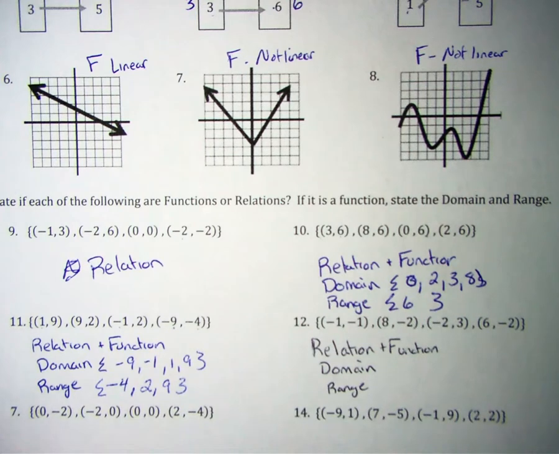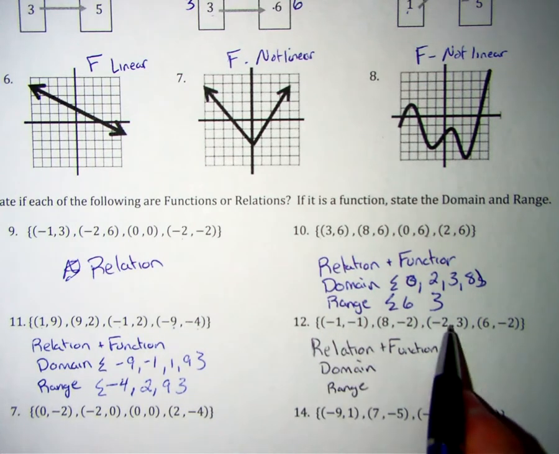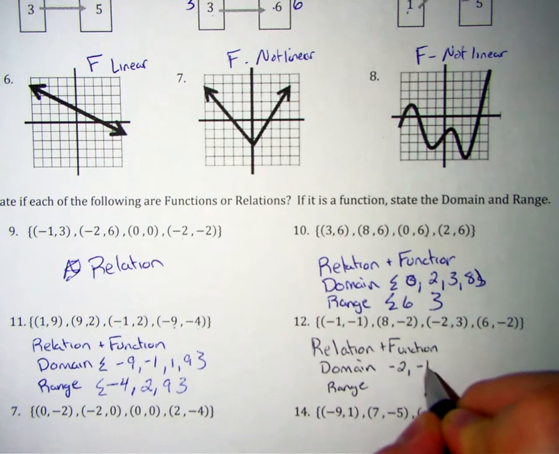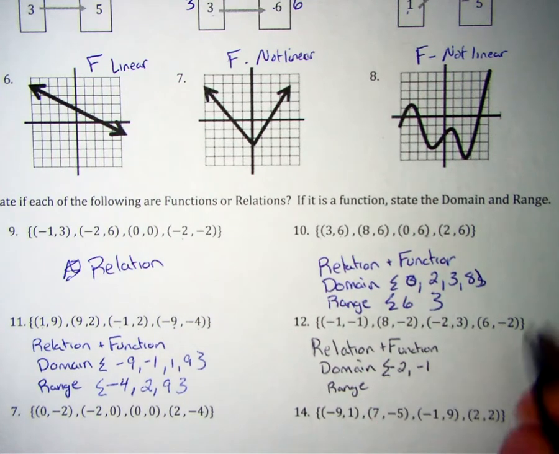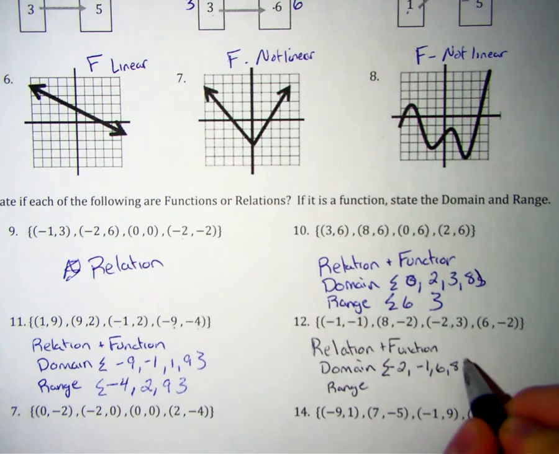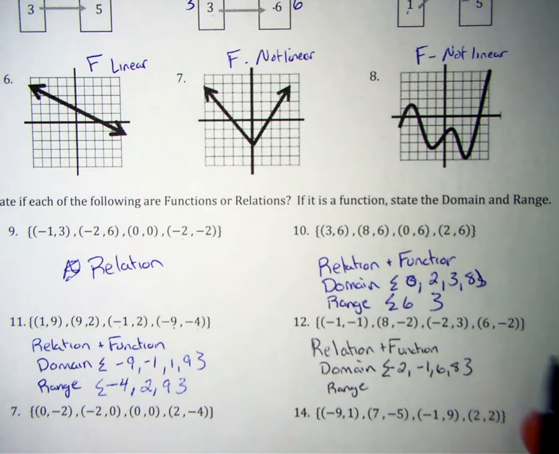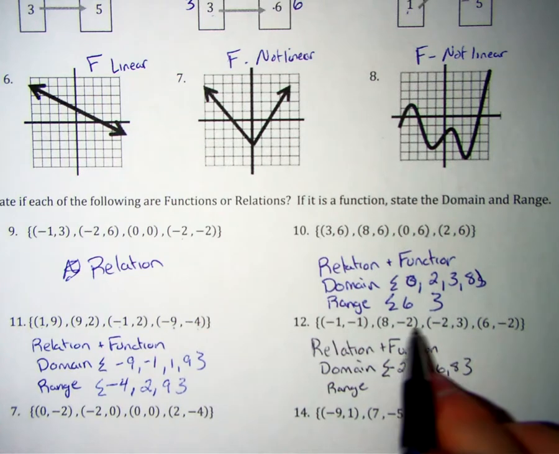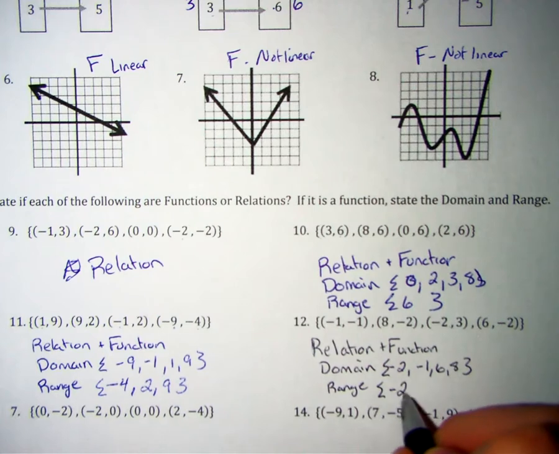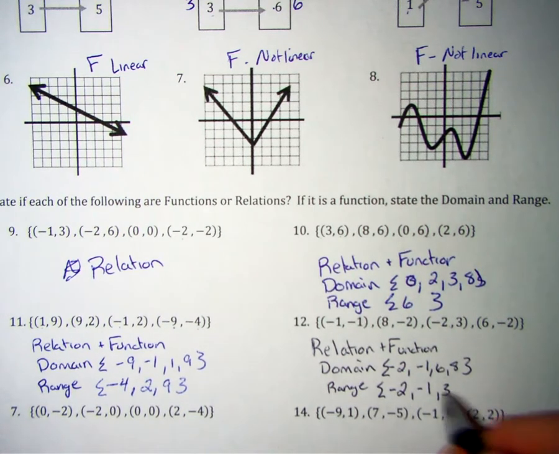Domain, starting with our lowest x value: -2, -1, 6, and 8. And my range, starting with my lowest y value, we have -2 twice, but it's repeated. That's okay. -1 and 3.